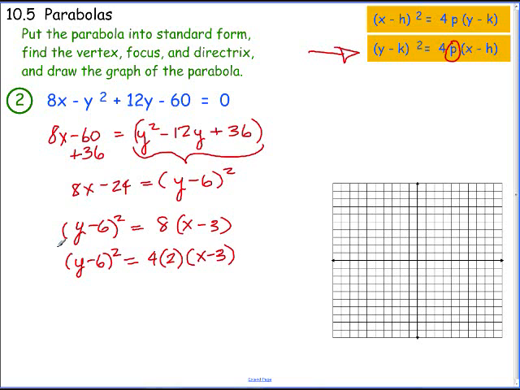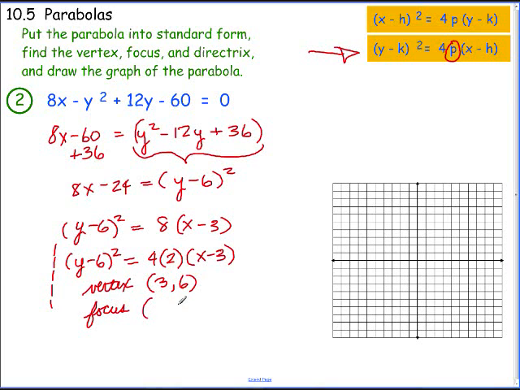And because it's y that's squared, I know my directrix is going to be vertical. My vertex will be at 3, 6.